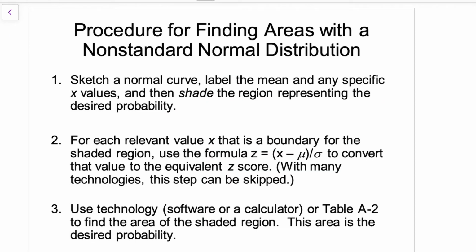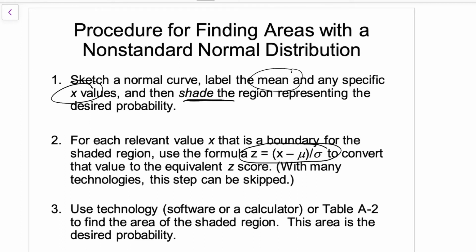Below is our procedure for finding the areas with any non-standard normal distribution. We want to sketch our normal curve and label the mean and data points just like we would. We want to shade in this region. What we're going to do is create a picture of our non-standard normal distribution. What that will do is allow us to use the normal distribution in terms of the z-score and translate this.